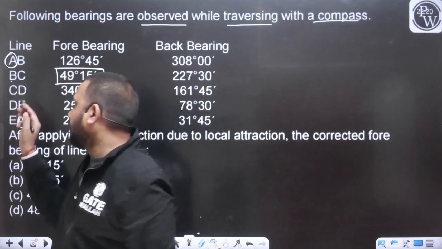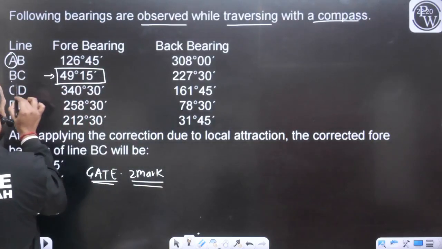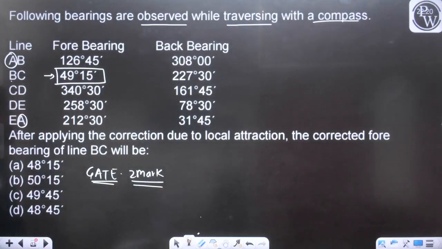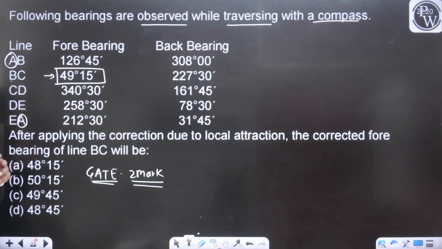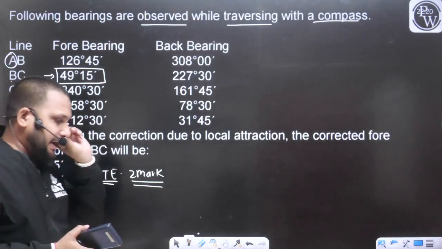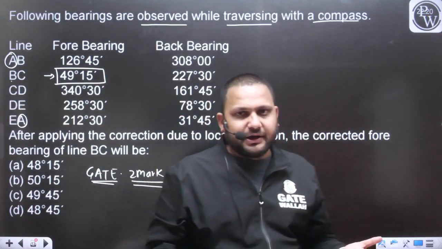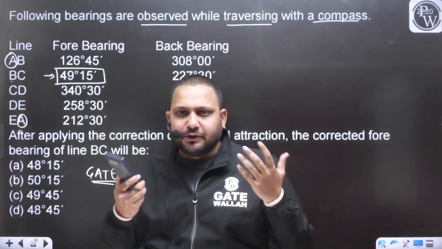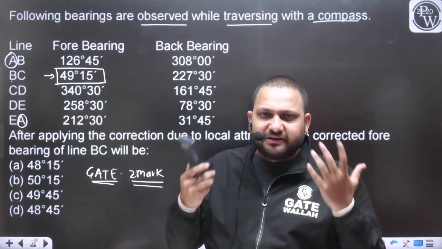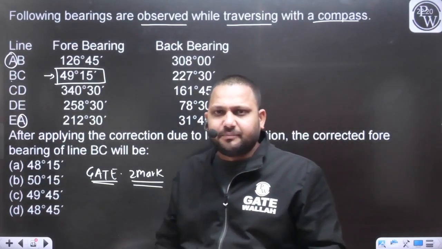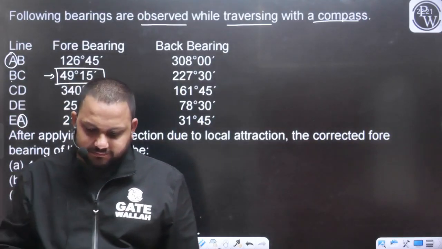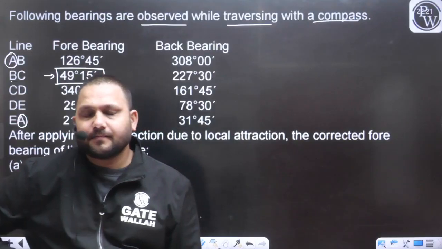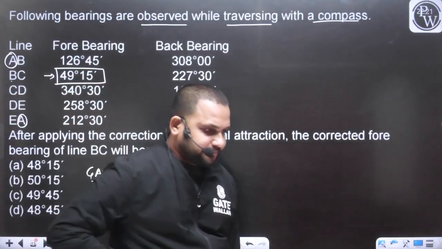This BC you must have measured from station B, yes or no? If I don't know the magnitude and nature of the error at station B due to the local attraction, how can we apply the correction?